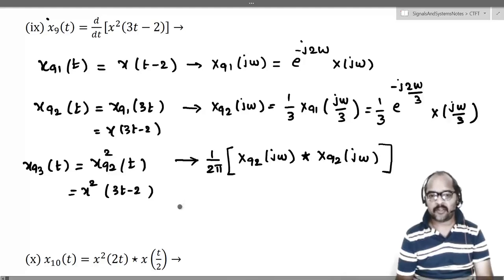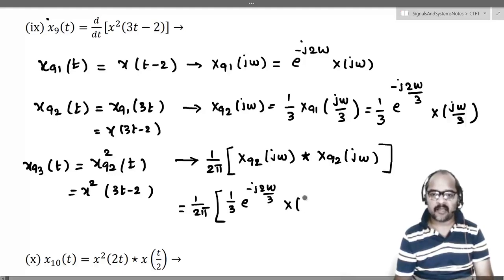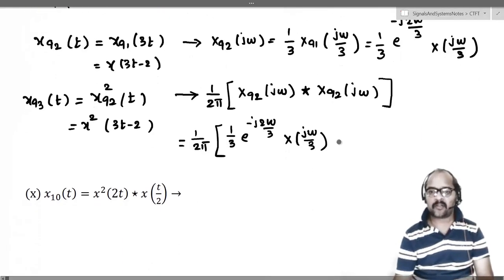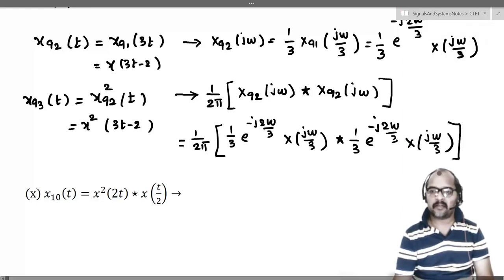This should be equal to 1 by 2 pi, multiplied with 1 by 3 e power minus j2 omega by 3 x of j omega by 3, and this is convolved with itself, 1 by 3 e power minus j2 omega by 3 x of j omega by 3.